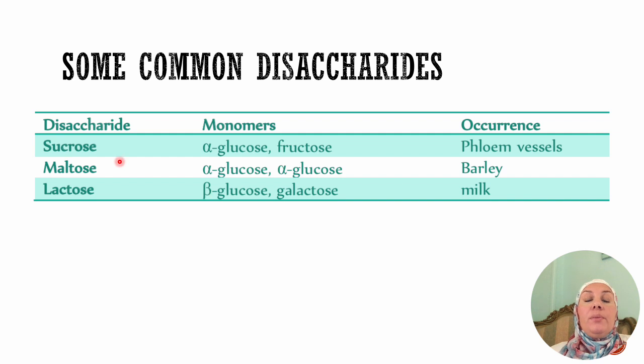Here we have some common disaccharides that we need to know. We have to know that sucrose is a disaccharide made of alpha glucose and fructose. And where do we find it? We find it in phloem vessels.